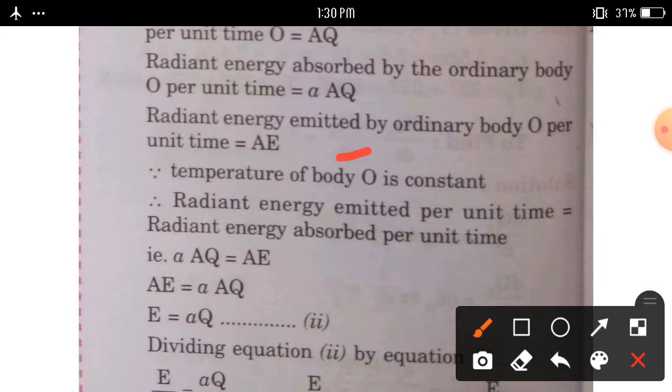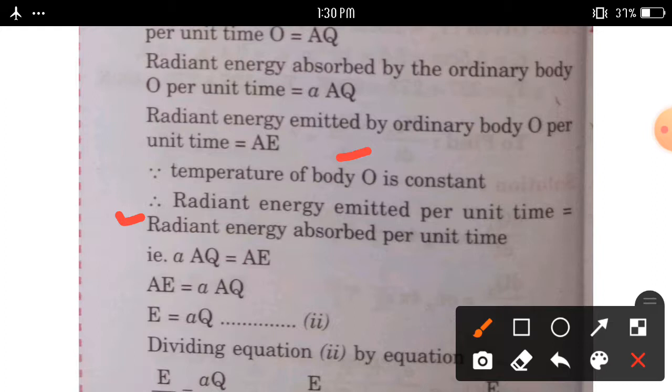Therefore, the radiated energy emitted per unit time is equal to the radiated energy absorbed per unit time.